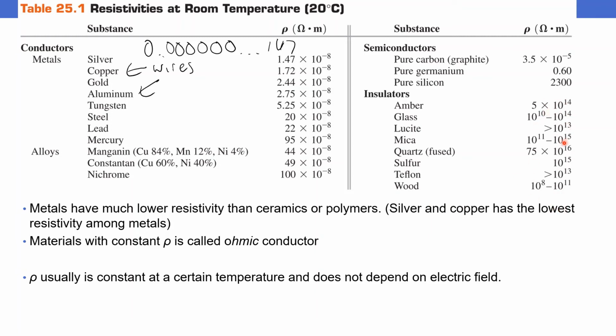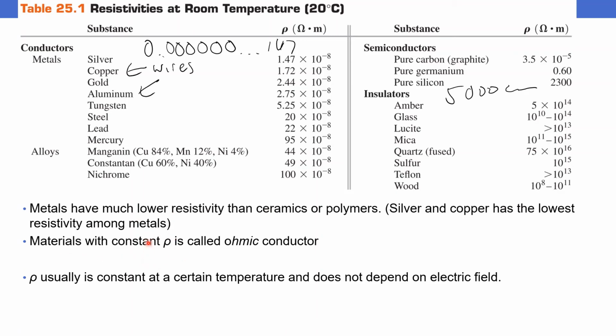For example, this is 5 times 10 to the power of 14, so this is 5 followed by 14 zeros. Compared to this value, this is extremely high. So metals have much lower resistivity than ceramics or polymers. Semiconductors are typically ceramic and insulators are typically polymers such as plastic. Silver and copper have the lowest resistivity among metals.